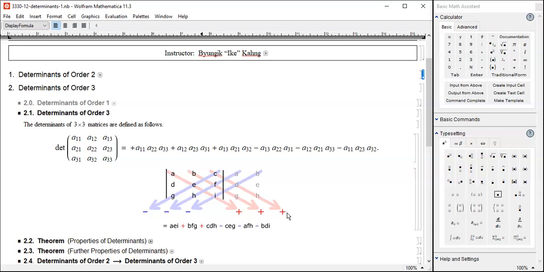Now the other diagonals: c times e times g, that's clear. And how about these two numbers, f h? We need the extension here: a times f times h. And then how about this one? Cover this: b times d times i. Those are negative. Add them all up with appropriate signs, and that's the determinant.